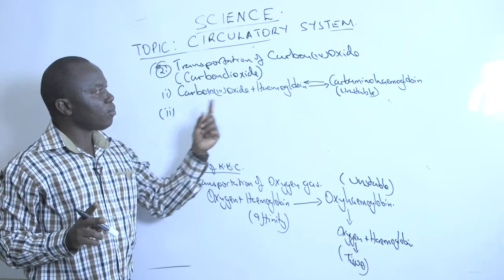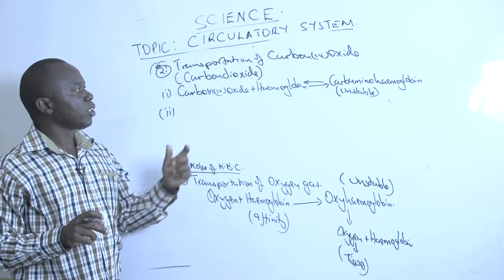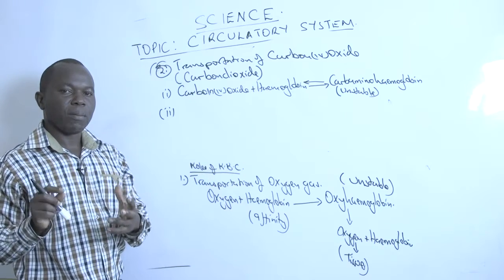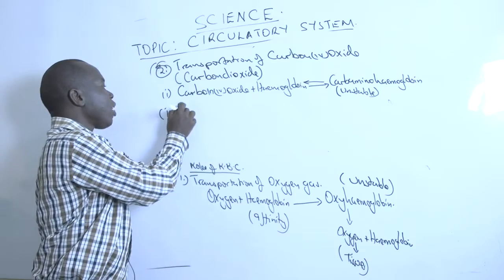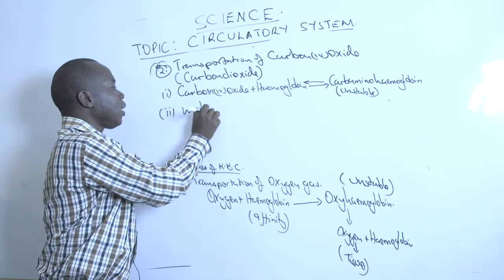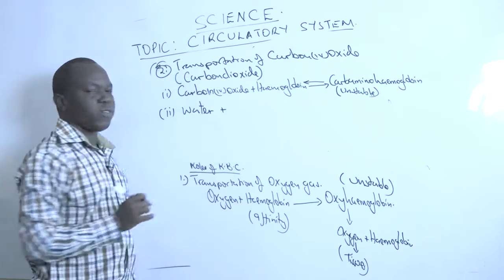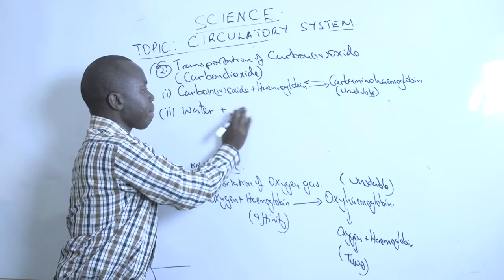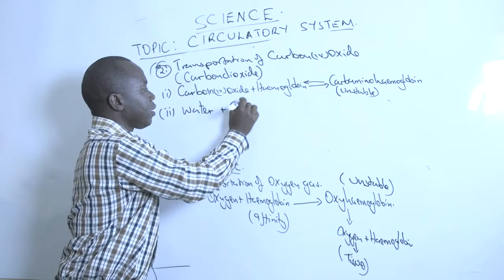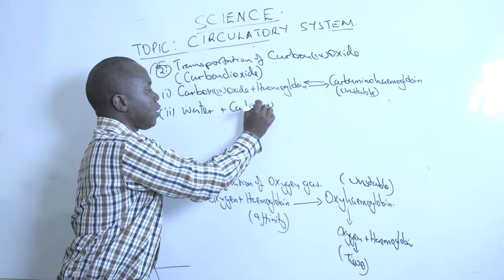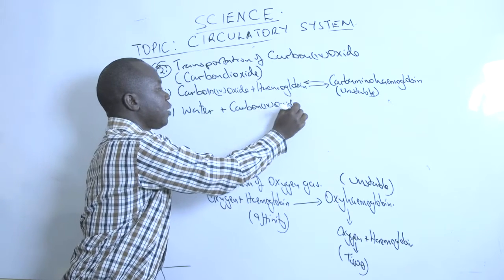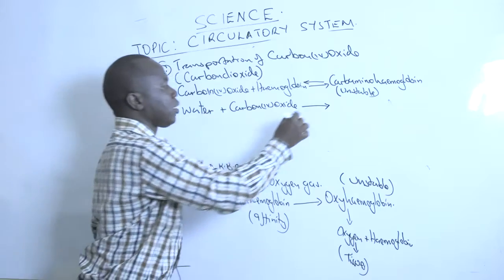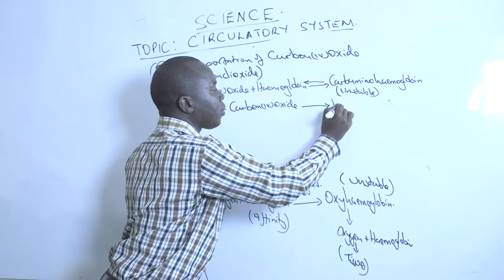So we have water in the cytoplasm of red blood cells combining with carbon dioxide, and then it forms a weak compound called weak carbonic acid.